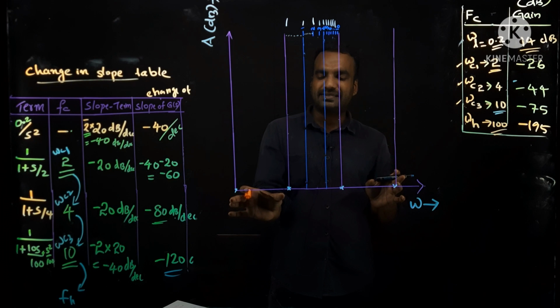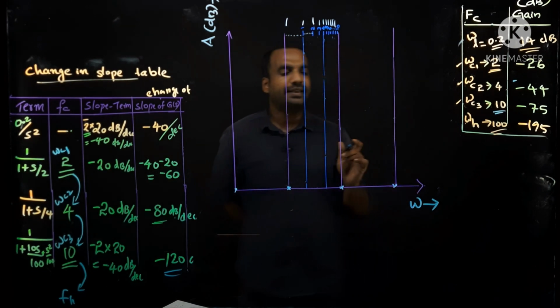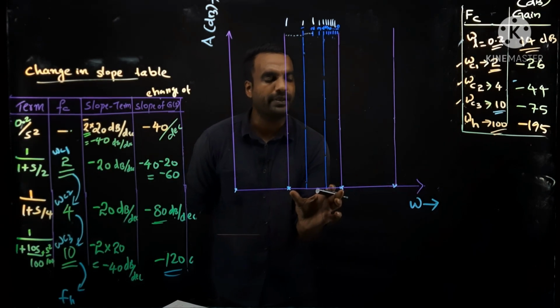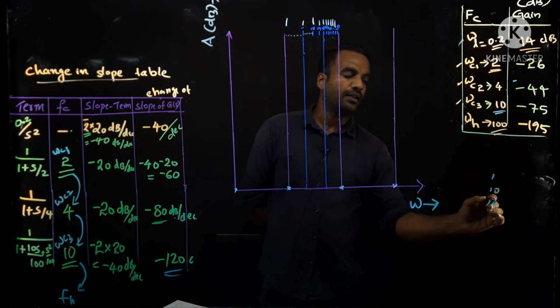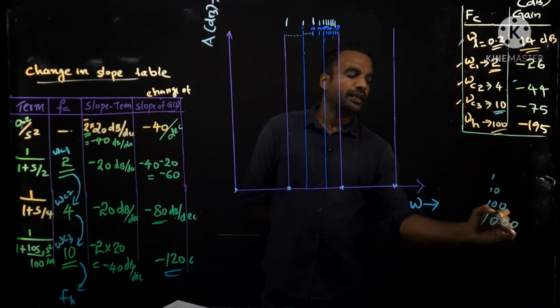So we have the x-axis in decades. Decades means each division is a multiplication of 10, like 1, 10, 100, 1000, etc.